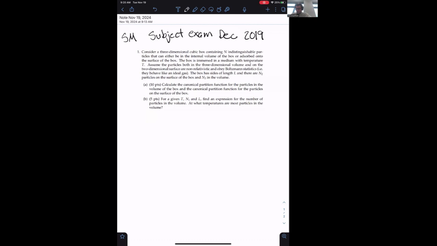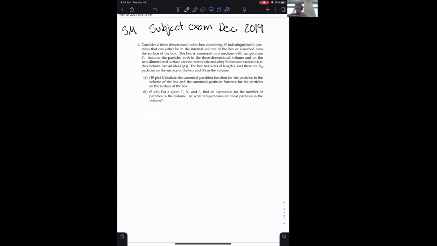The box is immersed in a medium with temperature T, assuming that the particles both in the three-dimensional volume and the two-dimensional surface are non-relativistic and obey Boltzmann statistics, meaning they behave like an ideal gas. The box has side length L, and there are N2 particles on the surface and N3 in the volume.